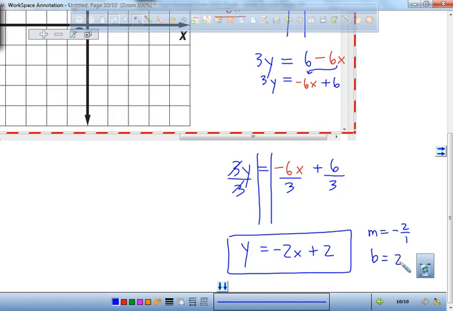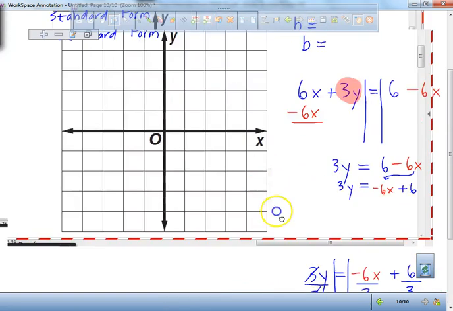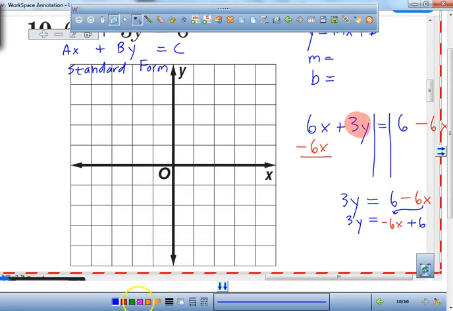So before you guys start putting away, we need to graph this. Just graph it with me on your paper, then you can transfer it to your journal. So what's our y-intercept? 2. So right here, I'm going to go right up here to where I have it at a 2. And our slope is negative 2. So you have to go down 2 and over 1.